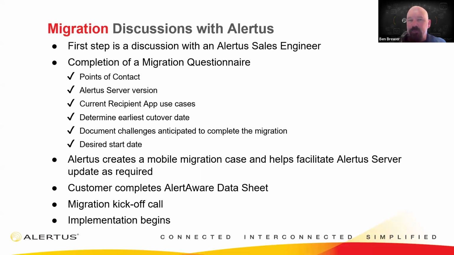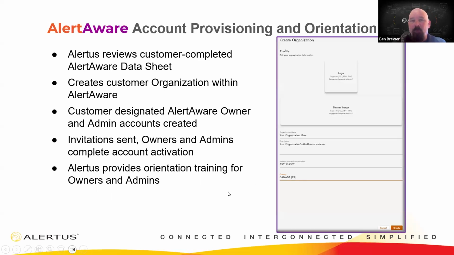Those are the two primary roles that we're focusing on. We do recommend that you have at least two owners and as many administrators as is required. There's not a limitation on you in any way, shape, or form. Once we have that back, we can schedule a migration kickoff call, and the implementation can actually begin.